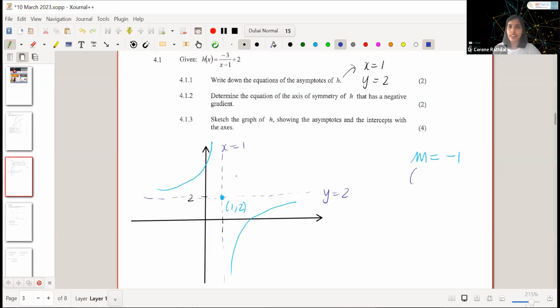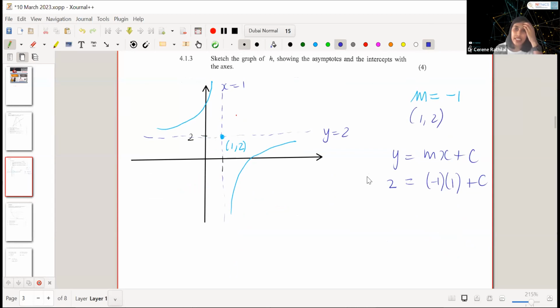Now, for us to do the calculation, I now have a gradient as well as a point, right? So I've got 1, 2. So using the point, we can use the gradient intercept formula that we usually learn. I'm now going to substitute in y equals 2, the gradient of -1, x equals 1, and we're going to solve for the unknown c.